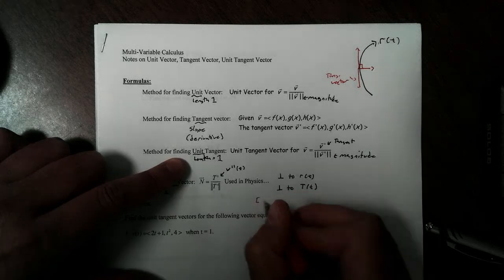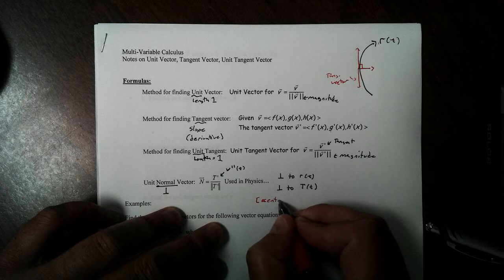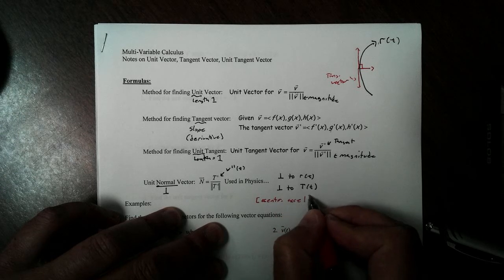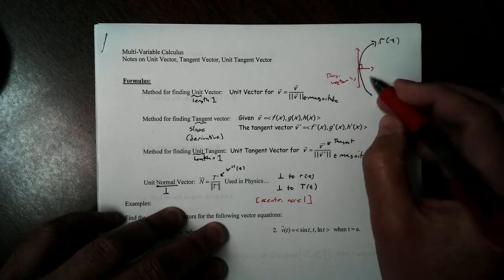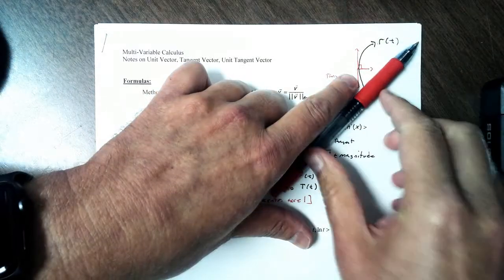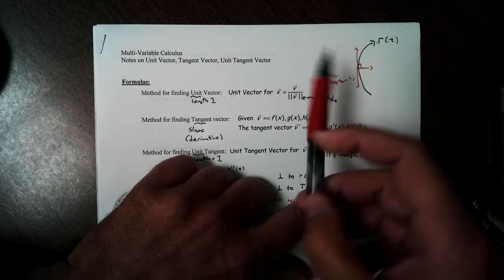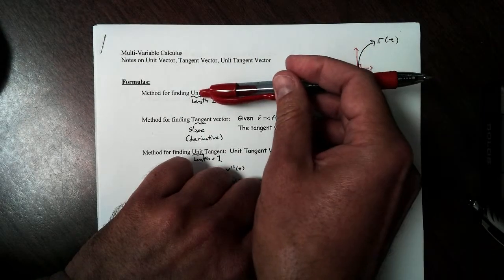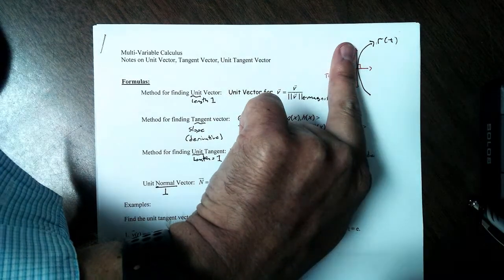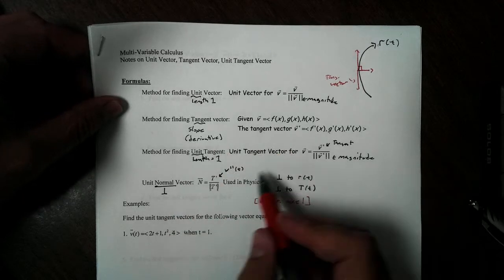In physics, we would call this like our centripetal acceleration. Right there. And we kind of see that, like, remember, if you're spinning, or if you're going around a corner, your path is always tangent to the curve or the road, but your acceleration is being pointed inward, always perpendicular to your direction. So a lot of applications in physics.